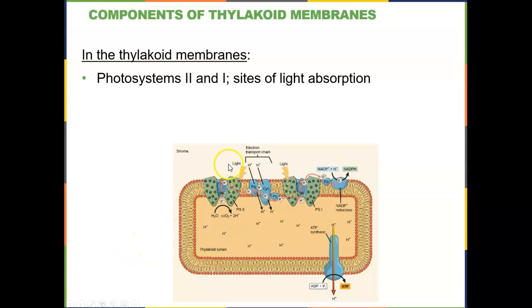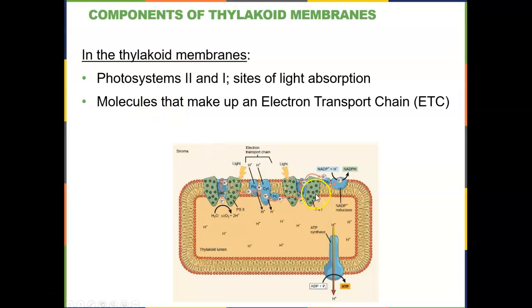So this one is photosystem 2, and this one is photosystem 1. They are both going to absorb light, but they are going to utilize that energy to excite electrons in different ways. So keep in mind that we have both in the membrane of the thylakoid.